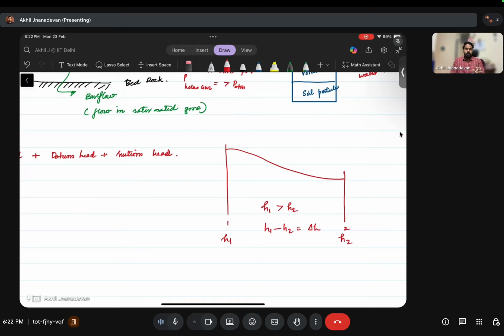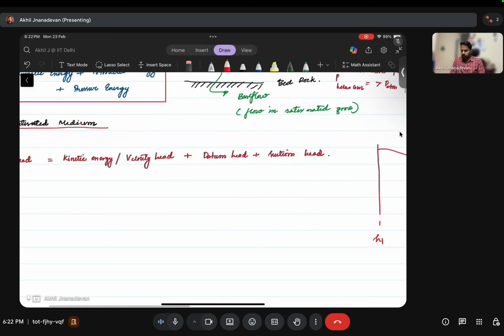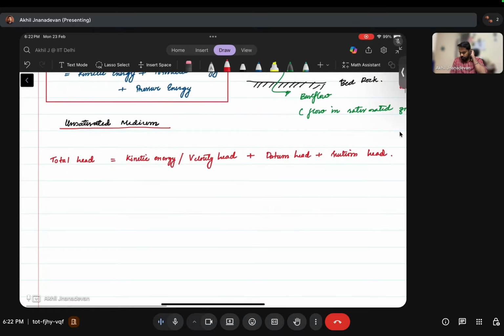This head difference, or energy difference, is what drives the flow in the unsaturated medium. Also, it is clear that the velocity of flow in the subsurface is very low compared to the velocity of flow on the surface.